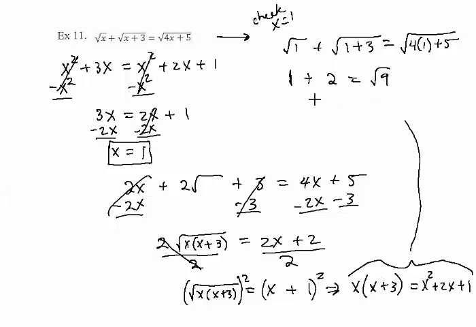We have a square root of 9 on the right, and 1 plus 2 is 3 on the left, and the two sides end up being equal. 3 is equal to the square root of 9. So x equals 1 checks out. It is not extraneous, but it is our only solution to the equation of example 11.